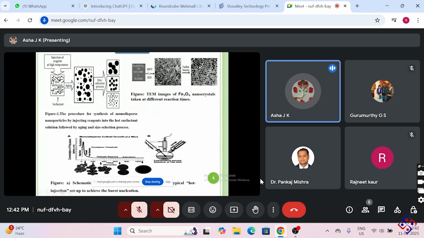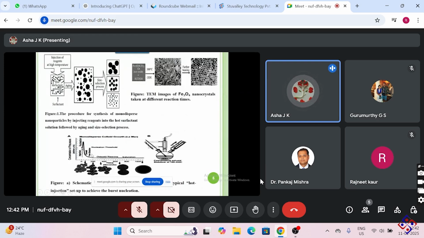With further heating, the process continues and produces a large number of nanocrystals having the same size, that is, monodisperse.